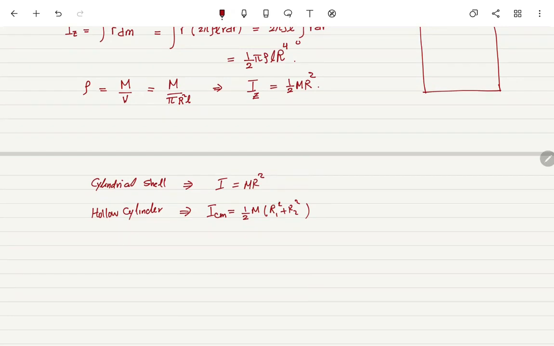In such a way, r1 is the inner radius of the hollow cylinder, and r2 is the outer radius of the hollow cylinder. For a solid cylinder, the moment of inertia about its center is equal to half mr square.